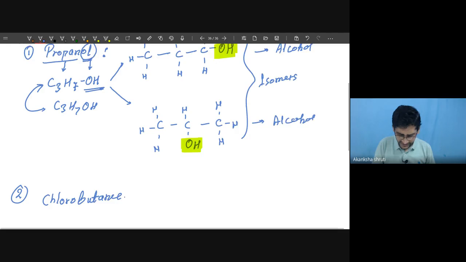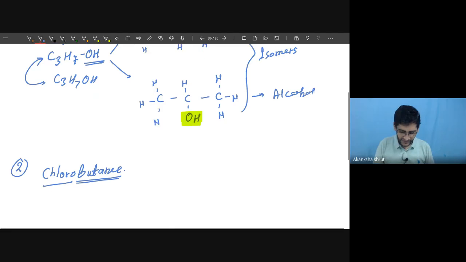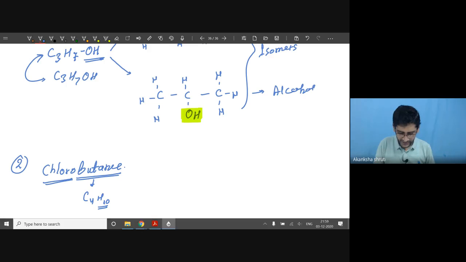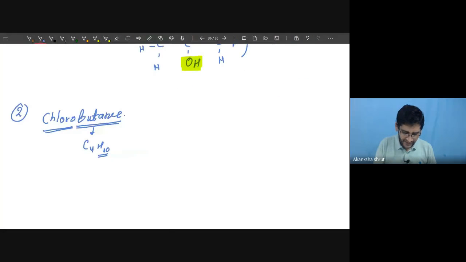How this name is given, we will learn later. So first you have to draw the butane, and one chlorine atom is there. The normal formula for butane is C4H10. So one of the hydrogens has to be replaced by chlorine. So the formula for chlorobutane is C4H9Cl. From this butane, this chlorobutane is obtained.